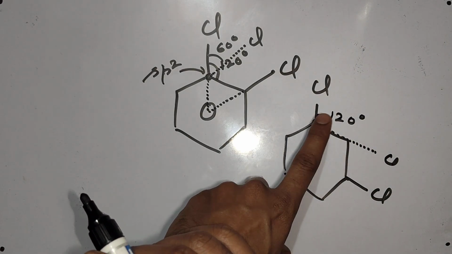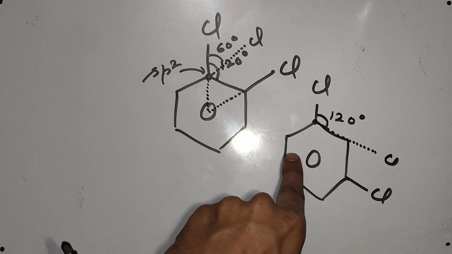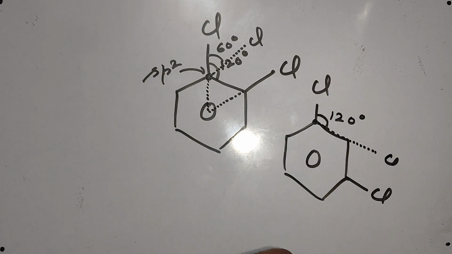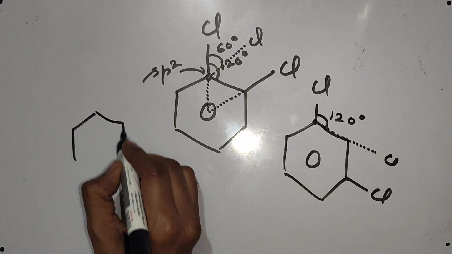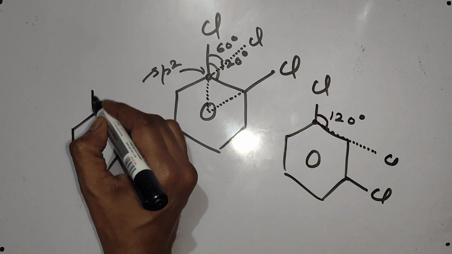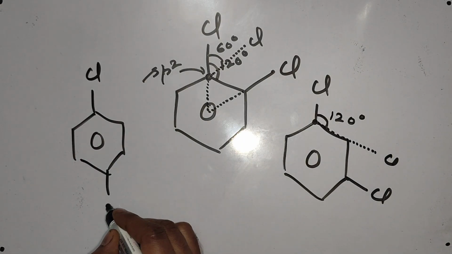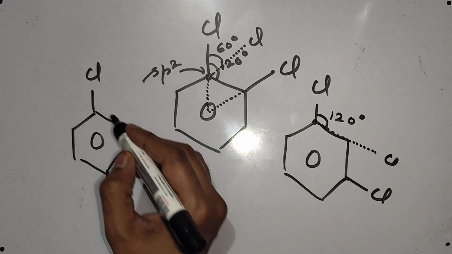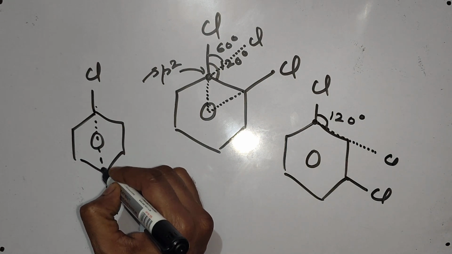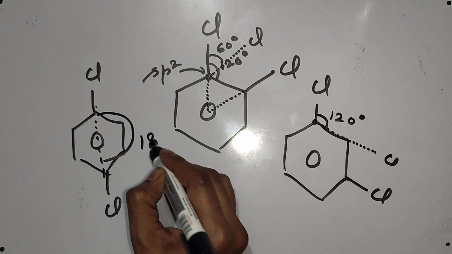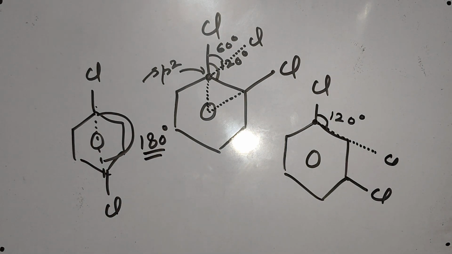So in the meta case, this chlorine and this chlorine will have an angle of 120 degrees. And in the para case, between both chlorines, what angle do we have? Clearly visible, the angle will be 180 degrees.